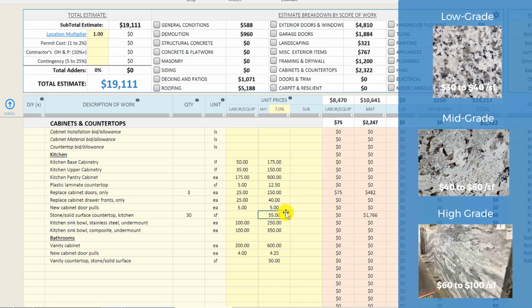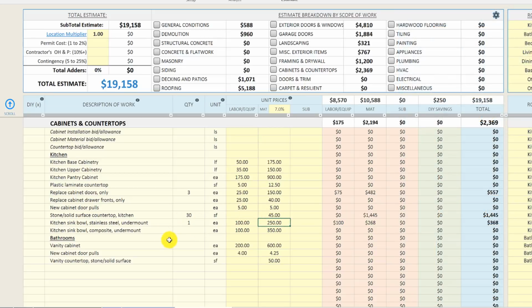You could definitely get granite countertops in the $35 to $40 range, so I'm actually going to decrease that to $45. Another thing you need to consider is that the countertop company will usually install the kitchen sink bowls. We've got a stainless undermount sink bowl there, and usually that's an upcharge of maybe 200 to 300 bucks for them to do that.